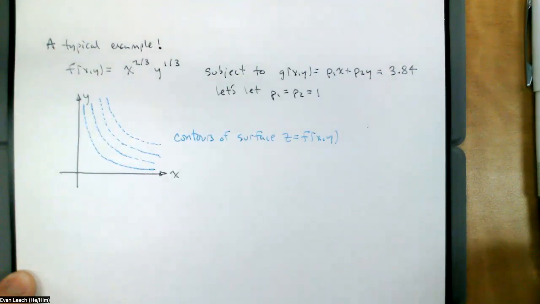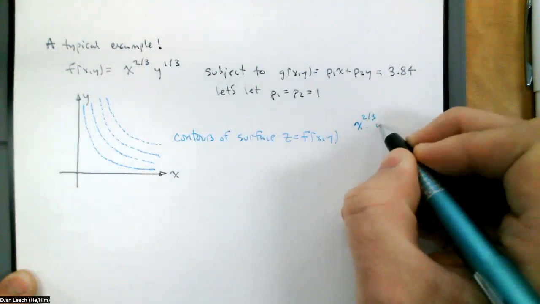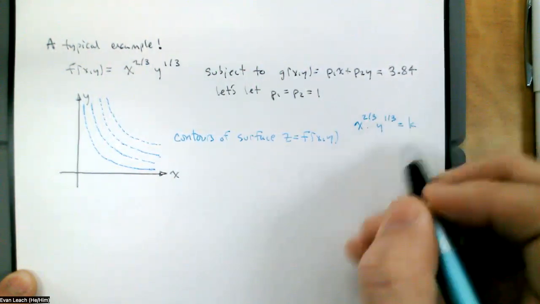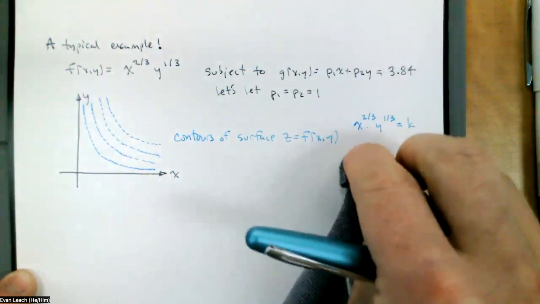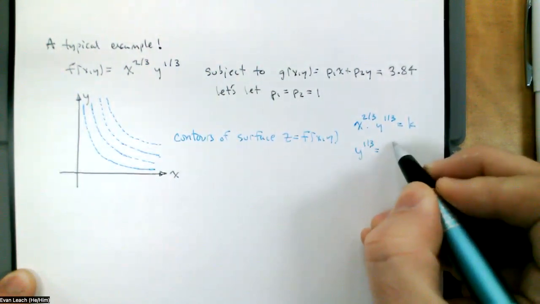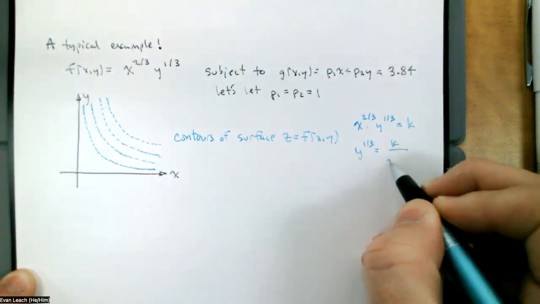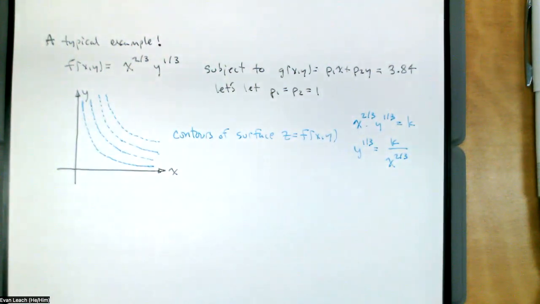So if we just pull those aside and solve for y to the 1/3, we can see that y and x are going to be inversely proportional. As x increases, y is going to decrease, and as x decreases, y is going to increase. That's why we're getting this y equals 1 over x shape.